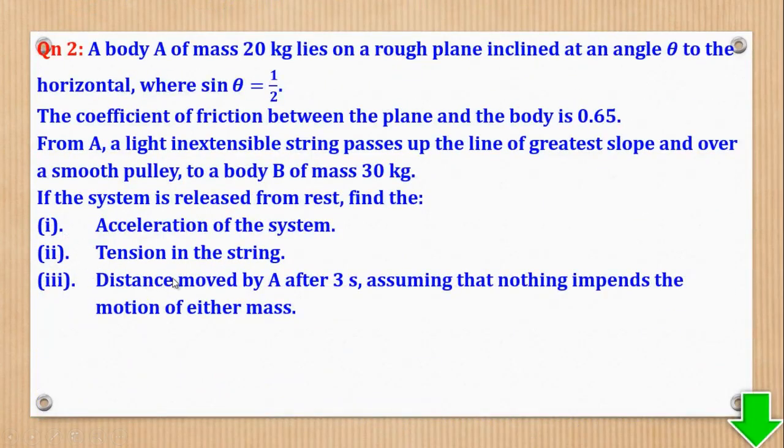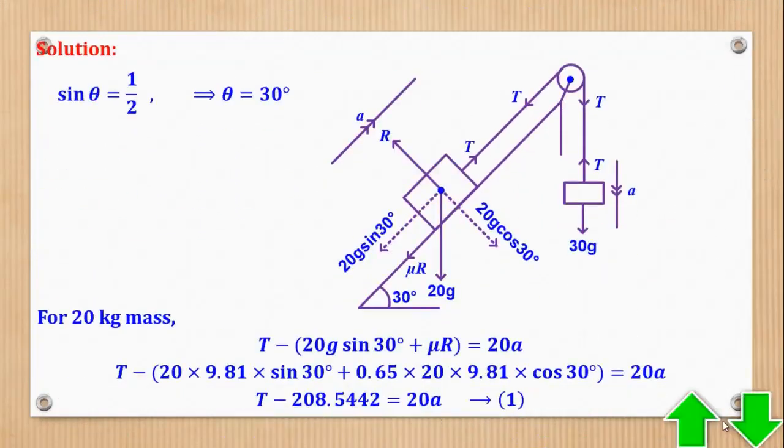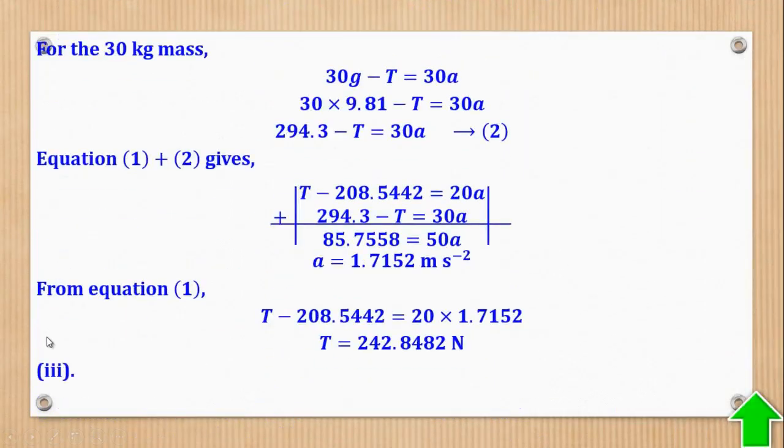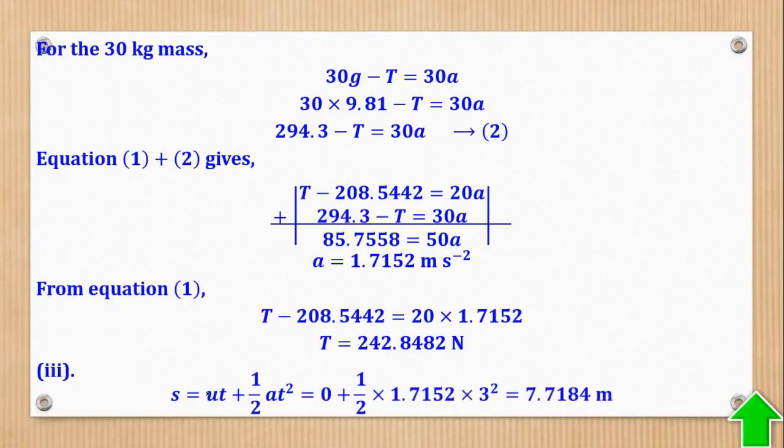Roman 3, the distance moved by A after 3 seconds, assuming that nothing impedes the motion of either mass. We shall use the second equation of motion, substituting for u, which is 0, a, which we have got, and t, which they have given us, to get this distance. And that's what they wanted.